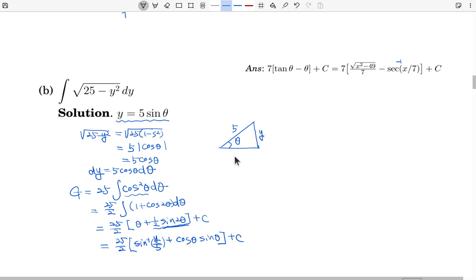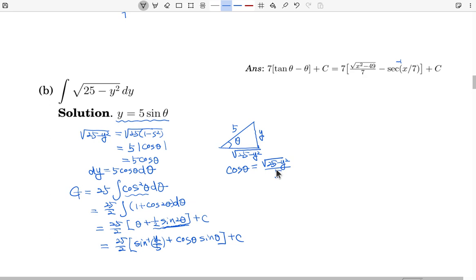Now the bottom must be the square root of 25 minus y squared. So cosine theta, from here, must be the square root of 25 minus y squared over 5, right?